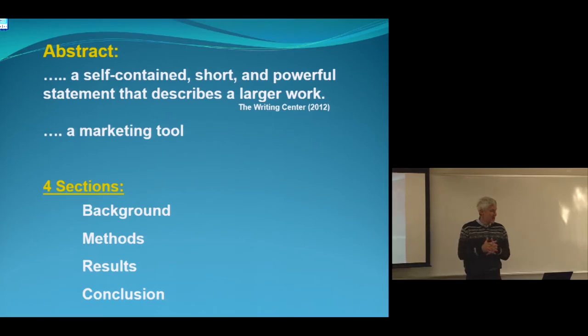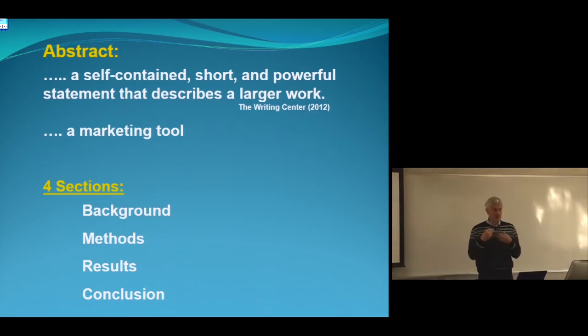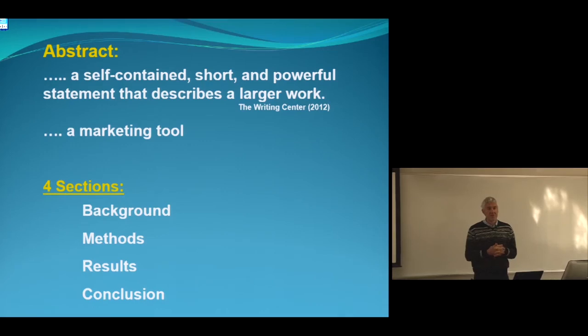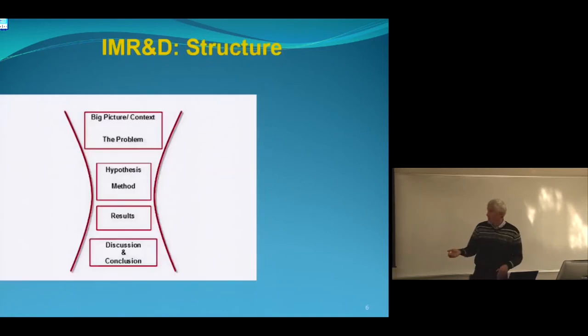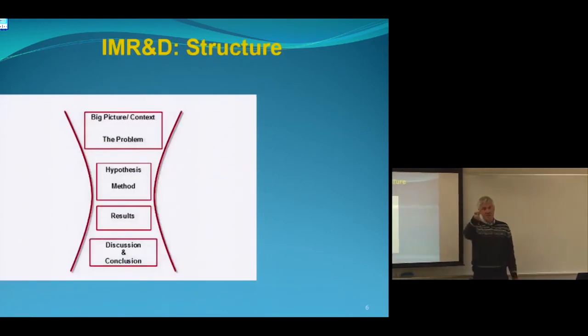Okay. So typically, an abstract is divided into 4 sections. 1, the background, or setting the context, methods, results, and discussion and conclusion. So you can think of it as an hourglass. In olden times, when they were trying to measure time, they put sand in the glass, turned it upside down, and it would go through.